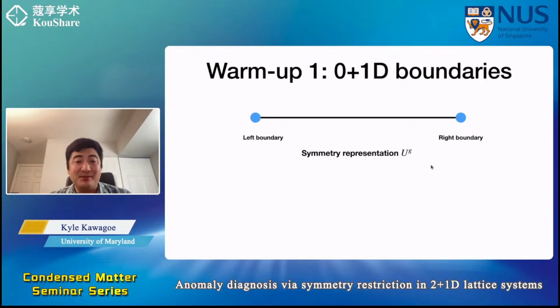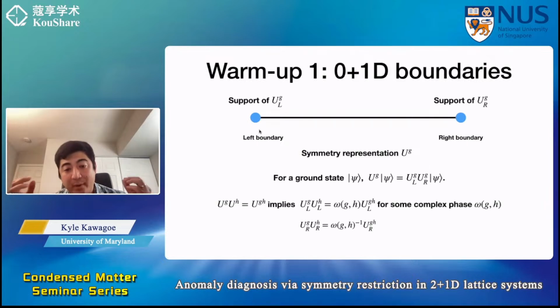Okay, so because this is a representation, UG times UH gives the operator UGH. And what this means is that actually this equation, UG times UH is UGH, is satisfied on both the left and right-hand sides independently, but only up to a complex phase, owing to the nature of tensor products, of course.